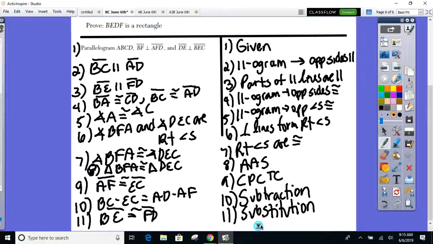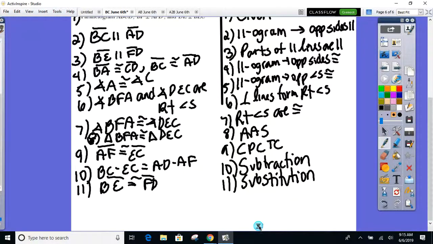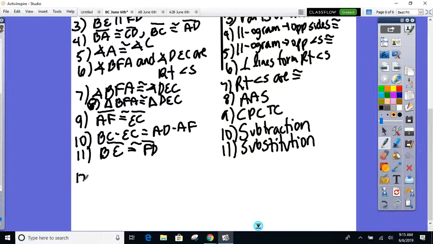All right, now correct wording. How do we say BEDF is a parallelogram? How are you going to tell me why it's a parallelogram? And the wording's got to be good here.